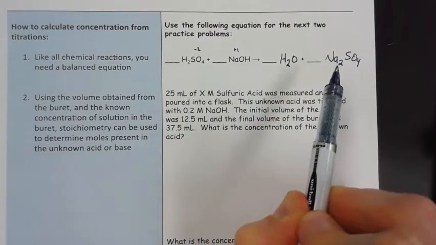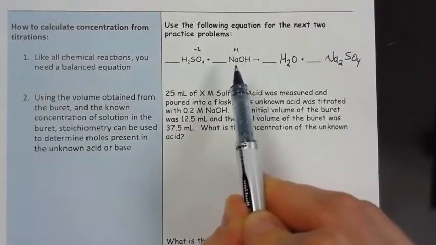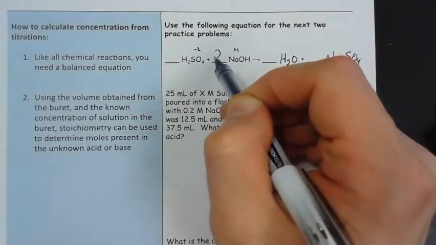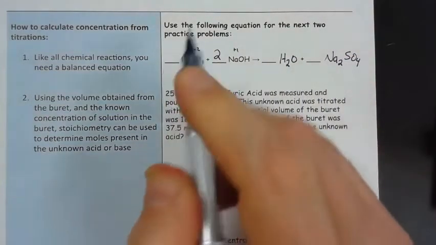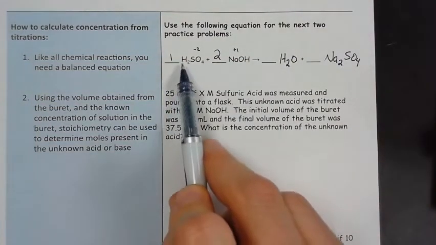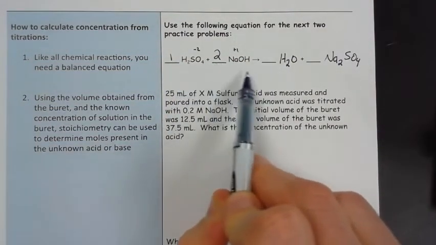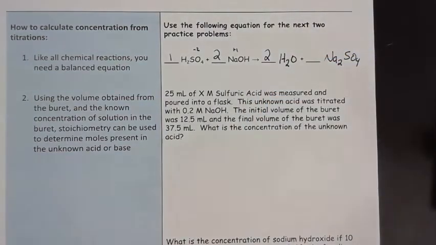You've got 2 sodiums here, so we need 2 sodiums going in. We've got 1 sulfate here, so we only need 1 sulfate going in. And if I put in 2 hydrogens and 2 hydroxides, then I'm going to make 2 times the amount of water. So there's your balanced equation.